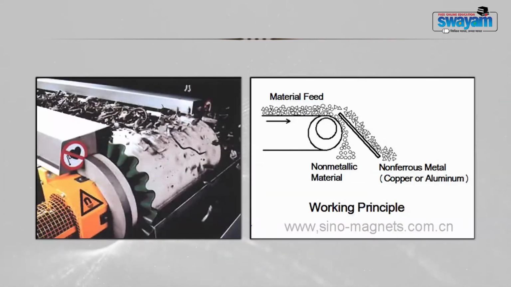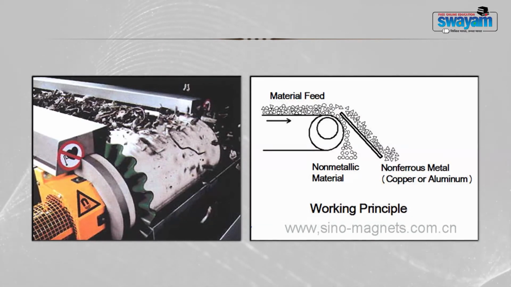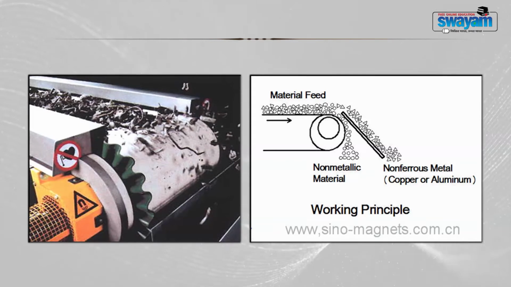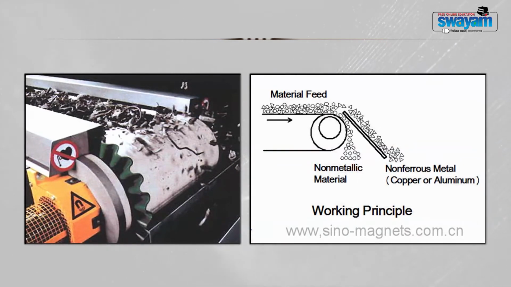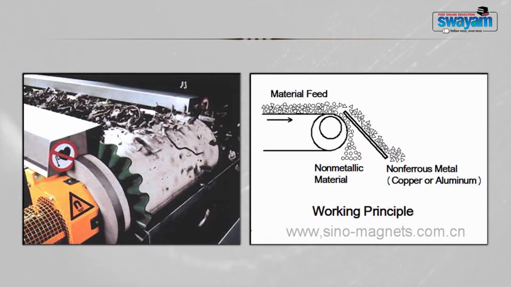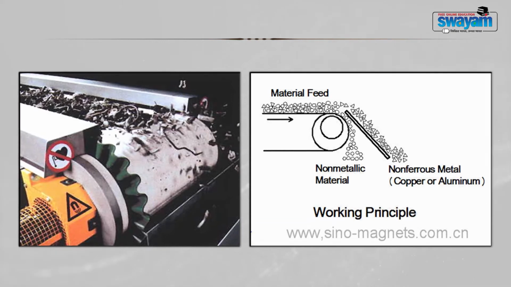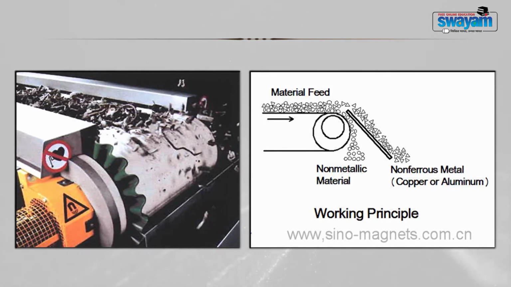In the second image you can see magnetic and eddy current separators. You can see a pulley arrangement where the material comes through a conveyor belt, and this pulley has a magnetic field. It will attract, and once the pulley turns over, all the substances will be separated: the non-metallic will be separated and the non-ferrous metals will be separated.